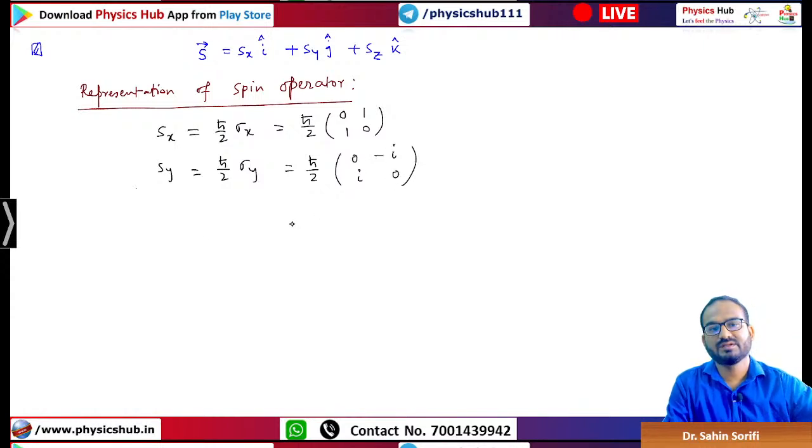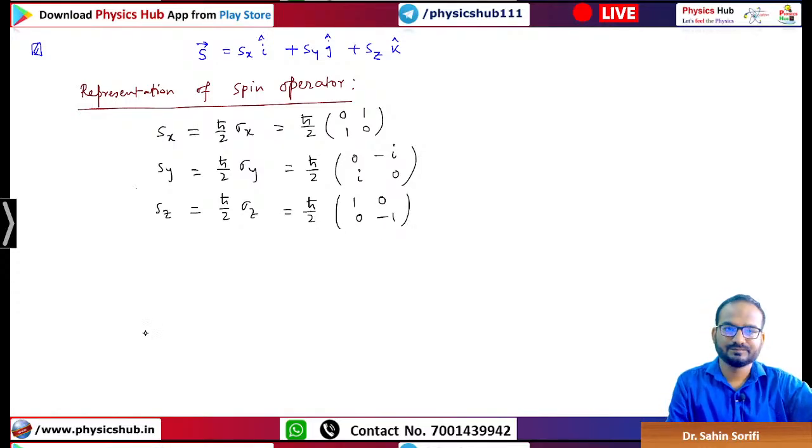You need to remember these three Pauli spin matrices. Their forms are very important. And Sz is h cut by 2 sigma z: 1 0 0 minus 1. So these are the three components of the spin angular momentum.